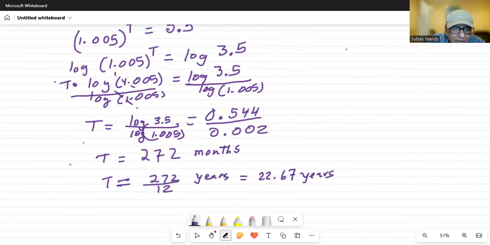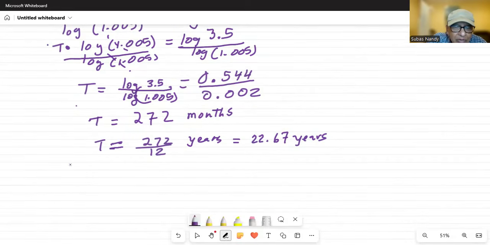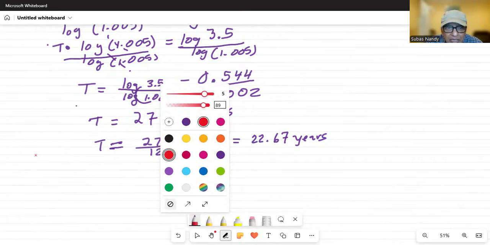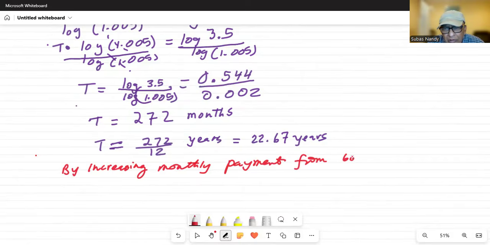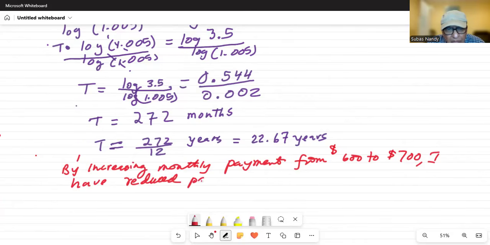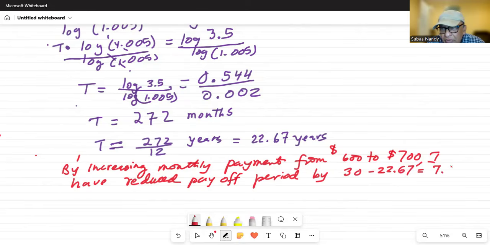So let me make that clear. Now, the reduction by increasing the monthly payment from 600 to $700, I have reduced the payoff period by 30 minus 22.67, equal to, say, 7.33 years.